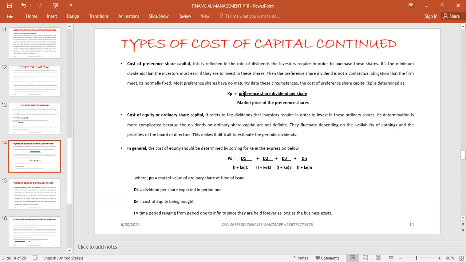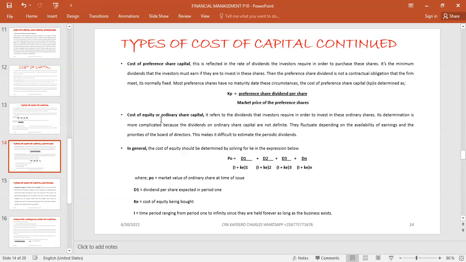So most of the time when they are giving these questions, they just say 10% preferential shares. It means you will get 10% of the value of the shares, then that will be our cost of preferential shares. And it is got by getting the preferential share dividend per share over the market price of the preferential shares. That's the formula for getting that.